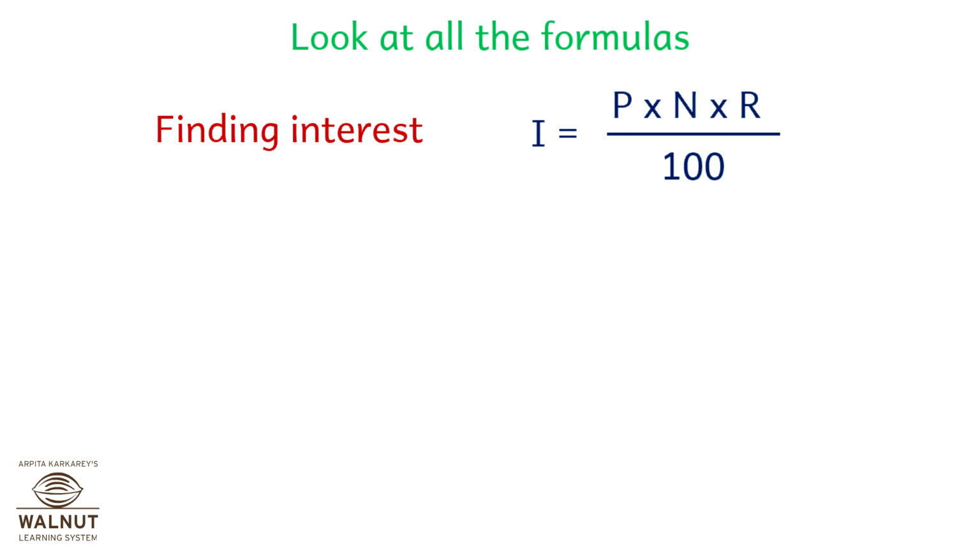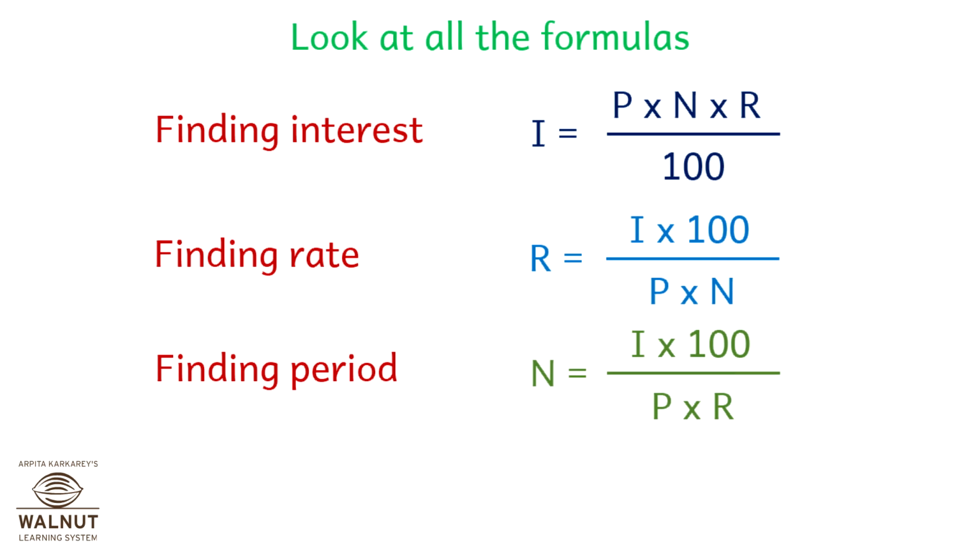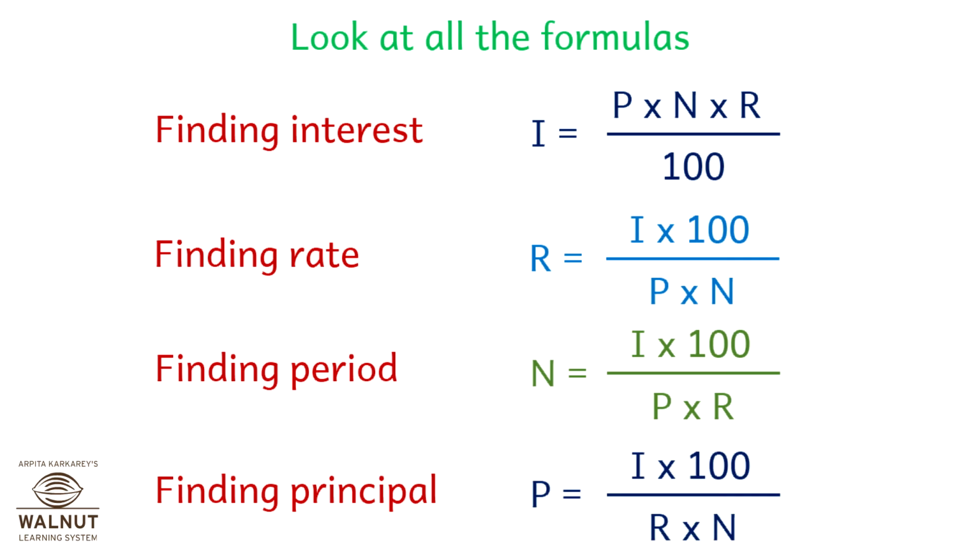Look at all the formulas. Finding interest: I equal to P into N into R upon 100. Finding the rate: R is equal to I into 100 upon P into N. Finding the period: N is equal to I into 100 upon P into R. Finding principal: P is equal to I into 100 upon R into N.